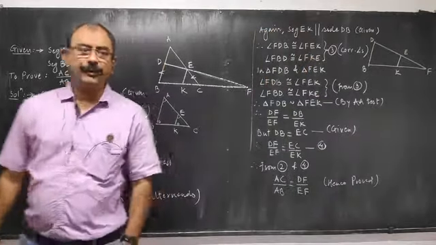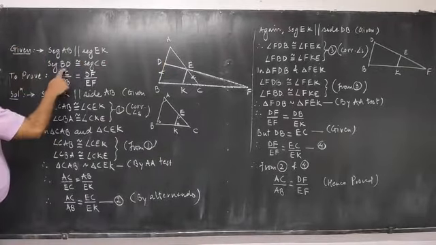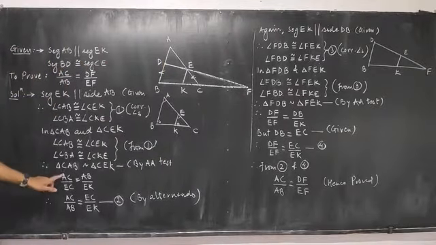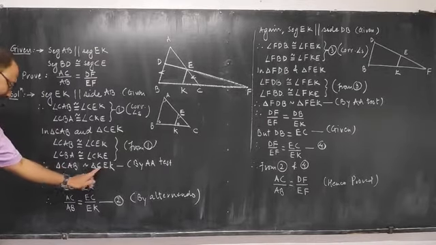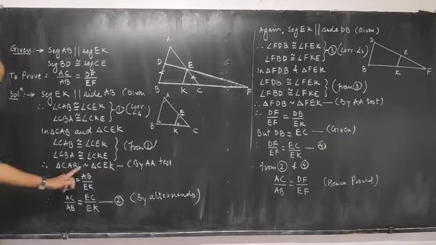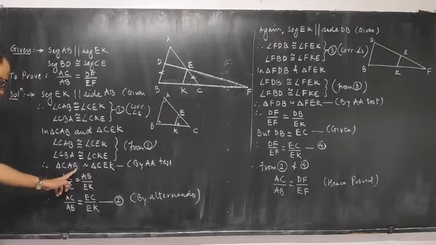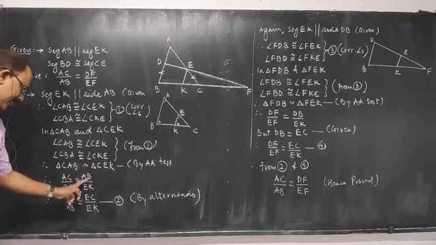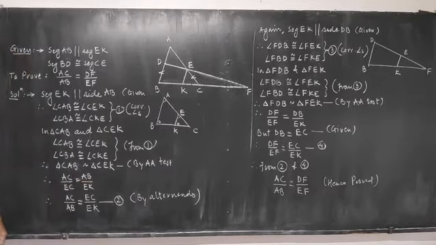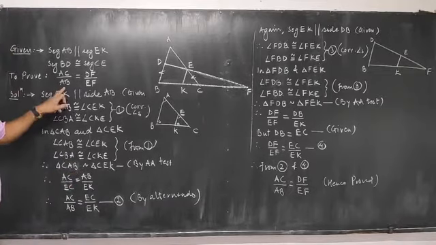Here I wanted AC, and from here I am getting AC. The corresponding side of AC will be EC. So the ratio of AC and EC will be equal to AB upon EK. The question is, why again I took AB? Because AB is also required in the result.